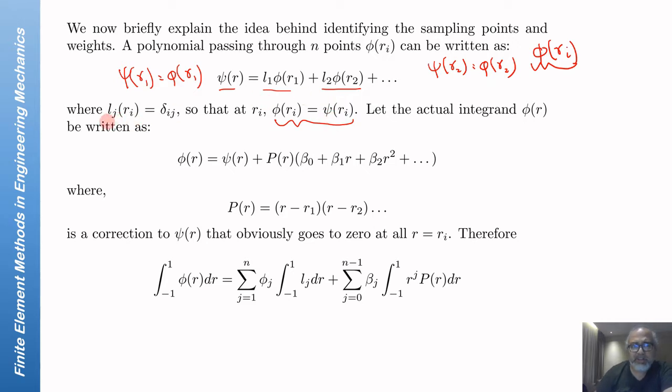So this is the property that each of these Lj's must satisfy. Now we are hoping to integrate this integral, and this integrand here can be written as psi r plus a correction term.